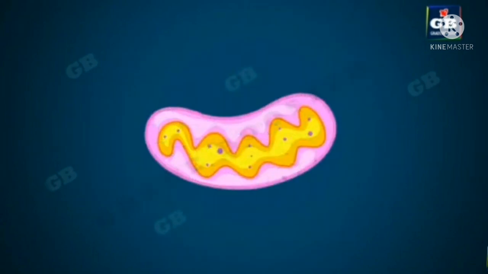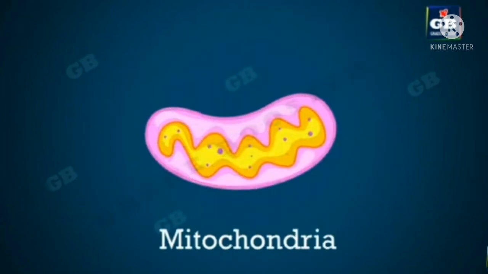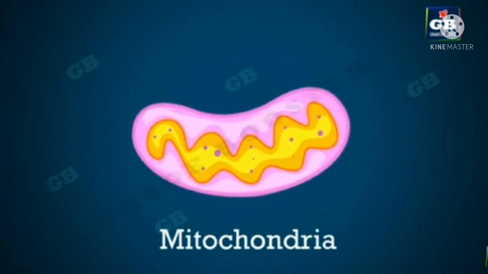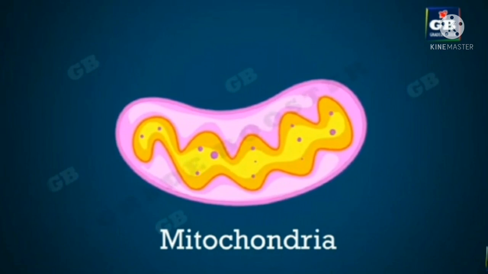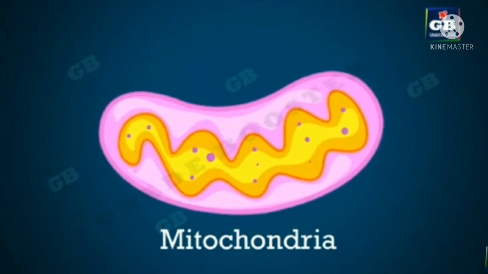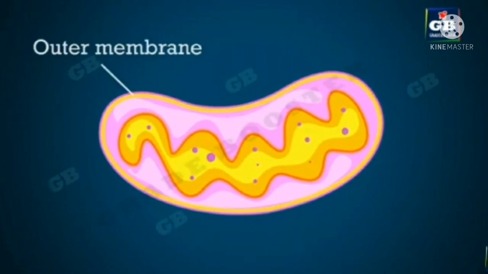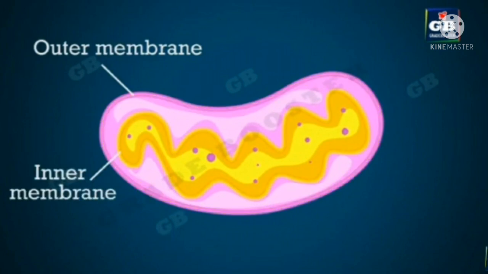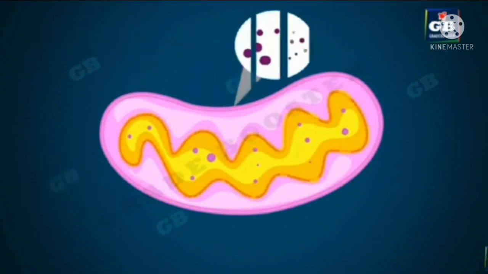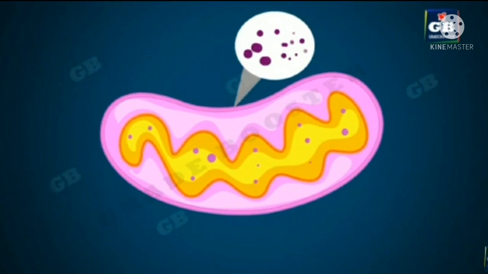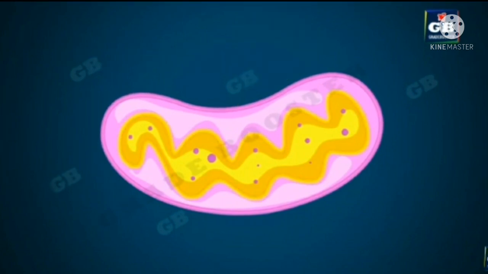So children, follow this video carefully. The mitochondria are double membraned organelles. Each mitochondrion has two membranes: one is the outer membrane and the other is the inner membrane. The outer membrane is porous, that means it has pores.